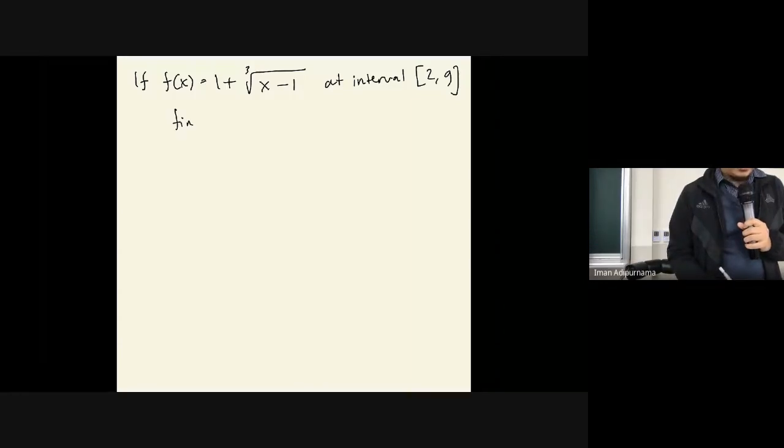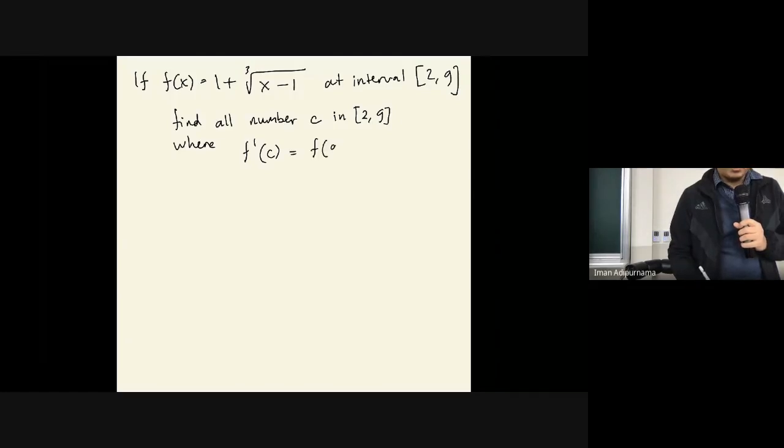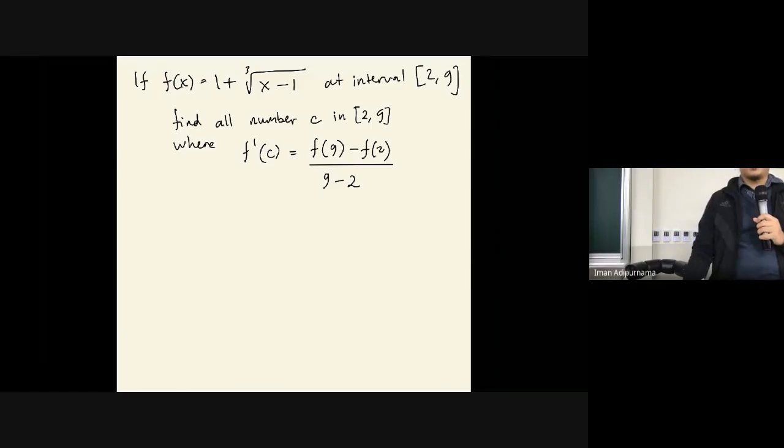So you need to find all numbers C in this interval where the C is basically our mean value theorem C, the C from the mean value theorem.